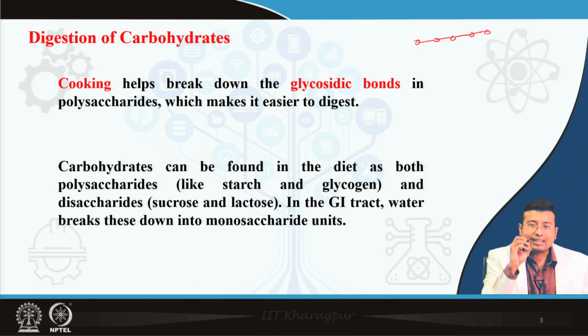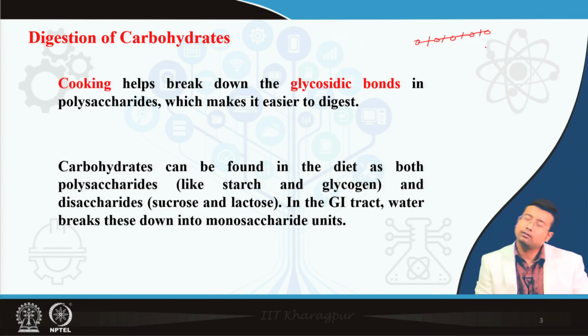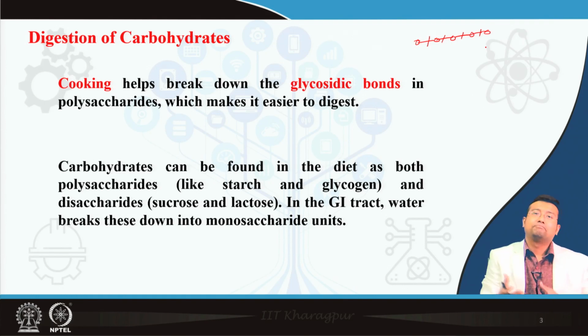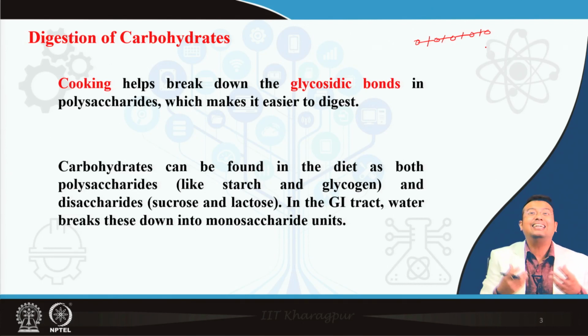So, these carbohydrate molecules are connected by something known as glycosidic bonds. If we break this glycosidic bond, we can break carbohydrate. So, cooking is one such phenomenon where the heat actually helps in pre-digesting your food even before you take it. Okay?